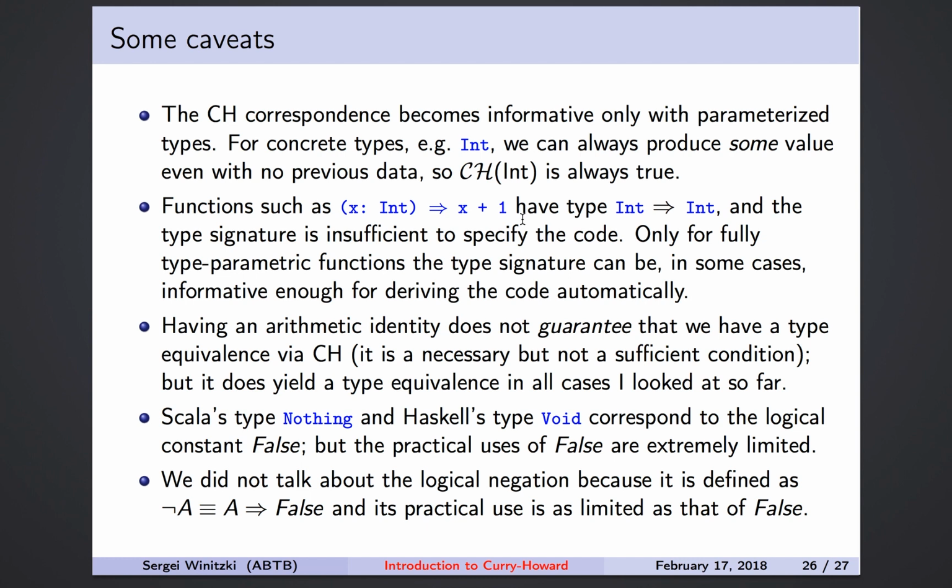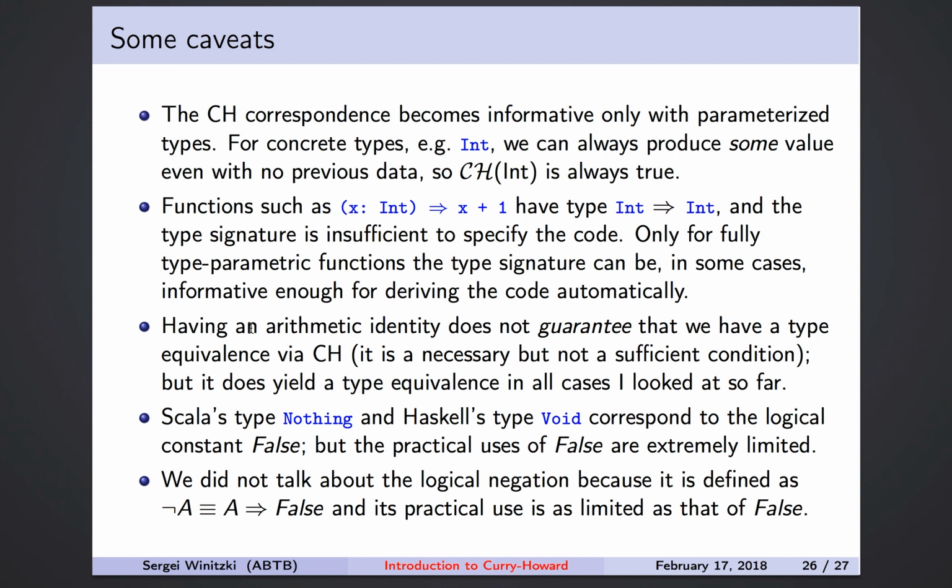Only a certain class of functions, which are fully type parametric, have a type signature informative enough so that we can derive code automatically. Only in much more powerful type systems can you have type information that is enough to specify fully a code like this.